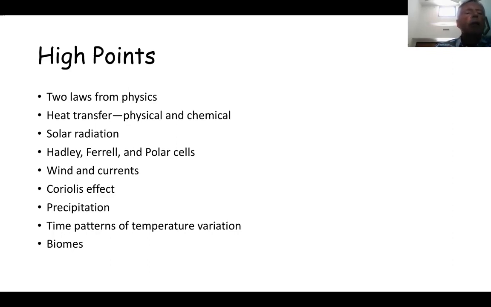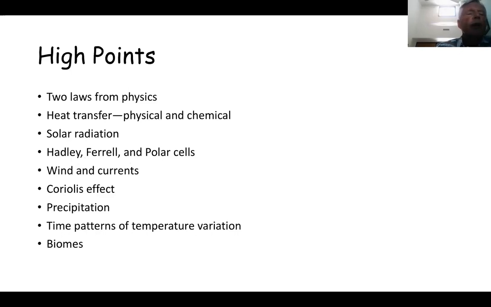We talked about solar radiation as being the primary source of energy that drives all life on Earth. We talked about how the interaction between solar radiation and the structure of the atmosphere creates these things called Hadley cells, Ferrel cells, and polar cells, which result in latitudinal variation in pressure, which thus results in latitudinal variation in precipitation or the lack of precipitation.